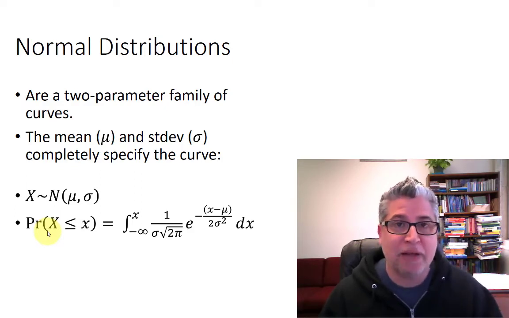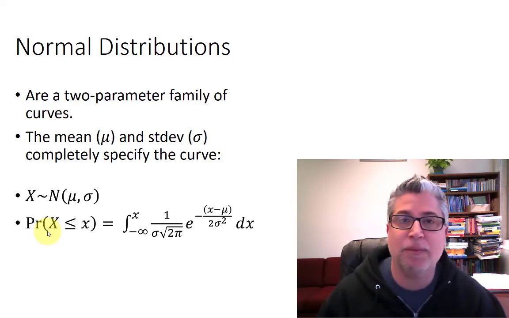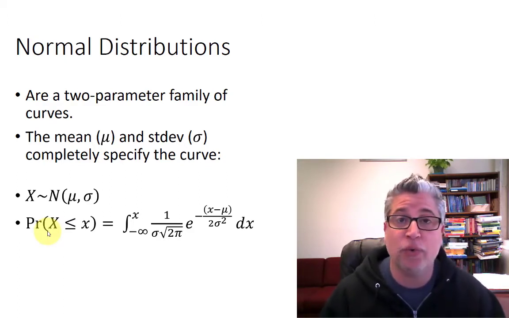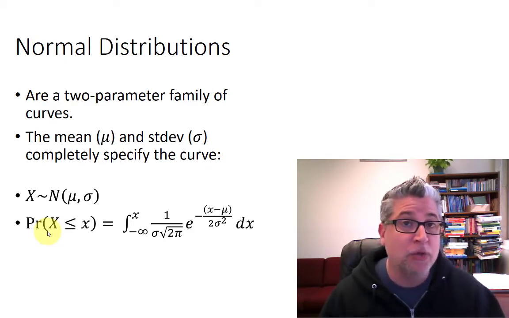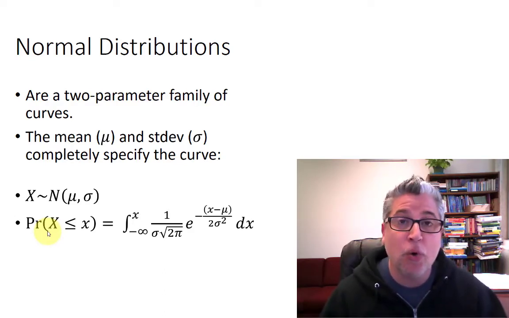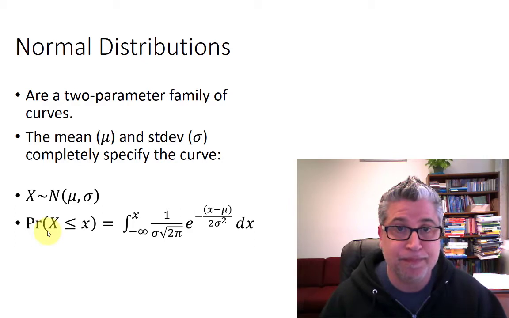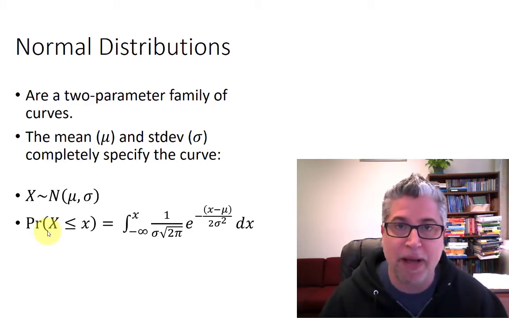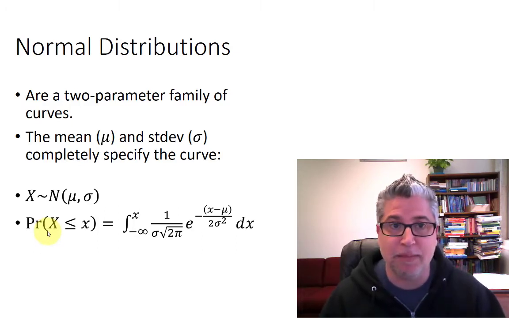Now, I should say from the outset that you cannot calculate probabilities from a normal distribution by hand. You can't do it with paper and pencil. You can either use a table, like you probably have in the back of your textbook, or you can use Excel. My personal bias is I don't think students should worry about the tables in the back.